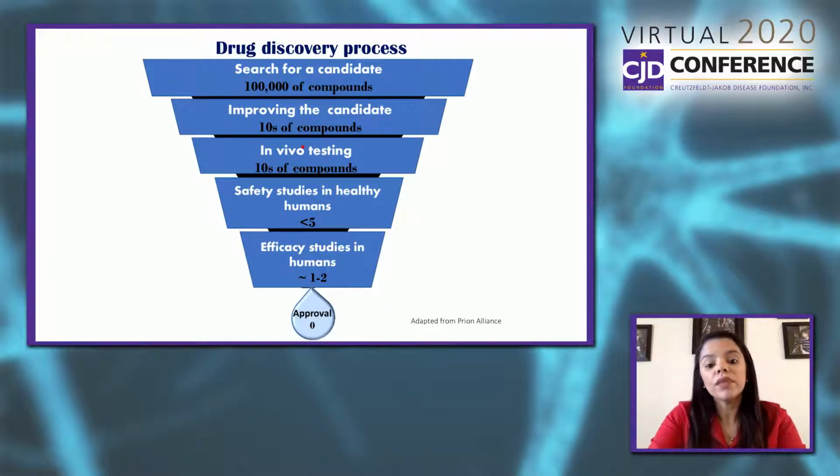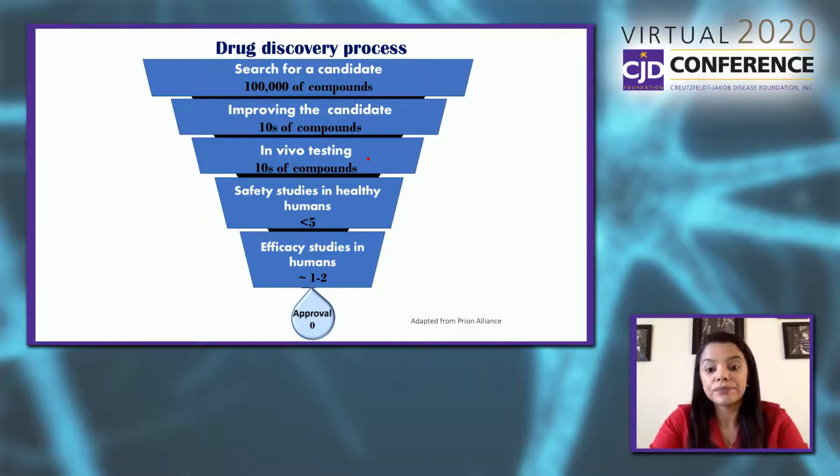Then hundreds of them have been tested in vivo in prion-infected mice, but here is where they fail, for many different reasons. The main ones are because they are toxic or because they don't reach the brain, which is the target of this disease.